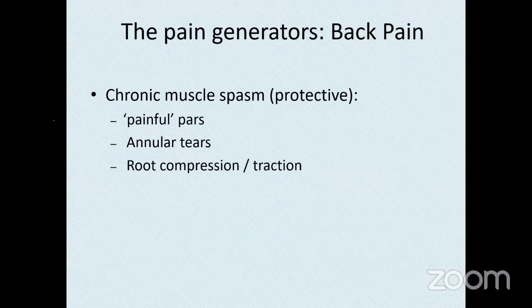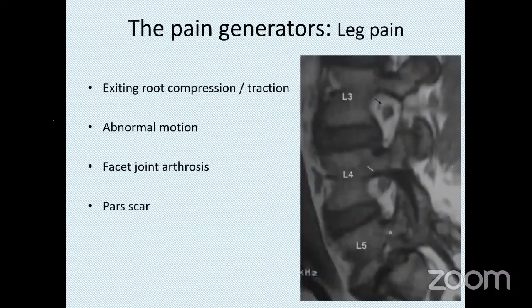Now, the back pain usually occurs because of chronic spasms, or there is an annular tear or root traction which is seen. Now, in leg pain, the main cause of the leg pain is the compression. So, if we appreciate this keyhole sign at L3-4, L4-5, you see this nerve root coming out, and it's surrounded by the fat pad.